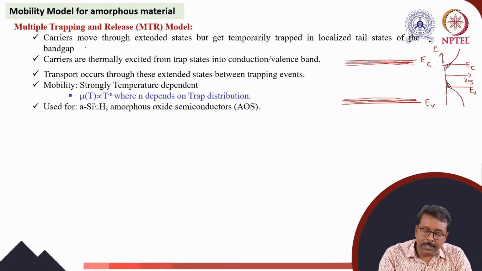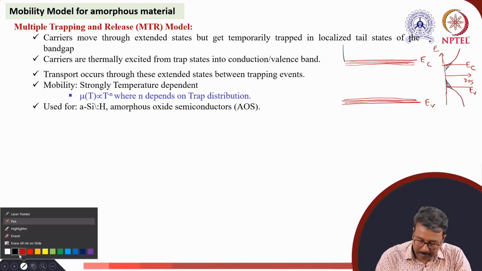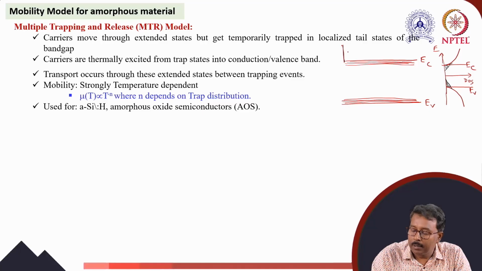So in this case, carriers move through extended states but get temporarily trapped in localized tail states of the band gap, and carriers are thermally excited from trap states. Suppose this is the conduction band. Better to write trap state in black color.